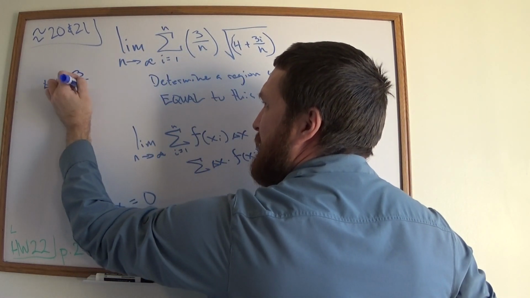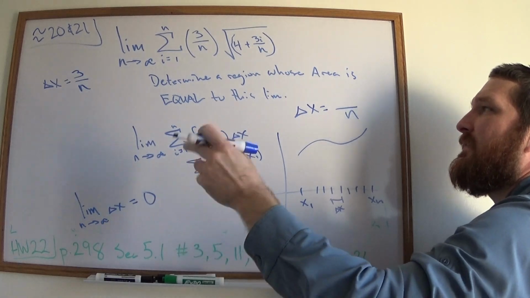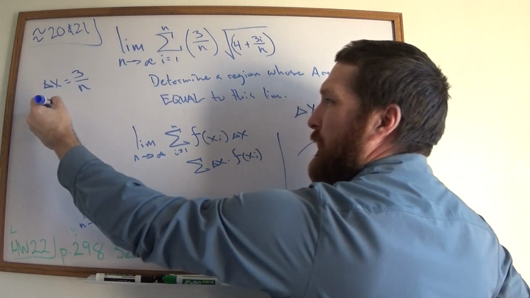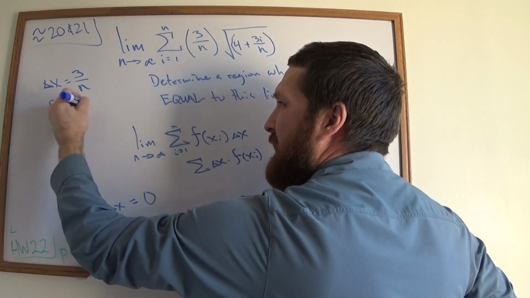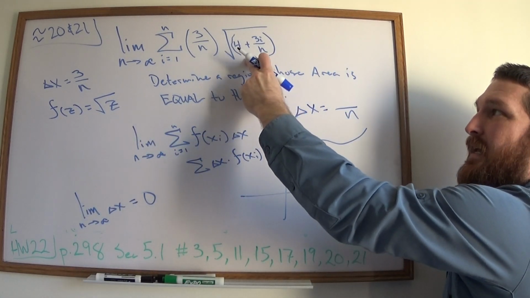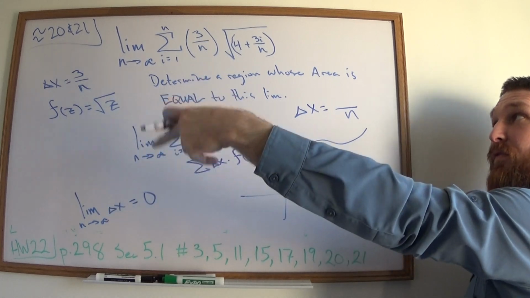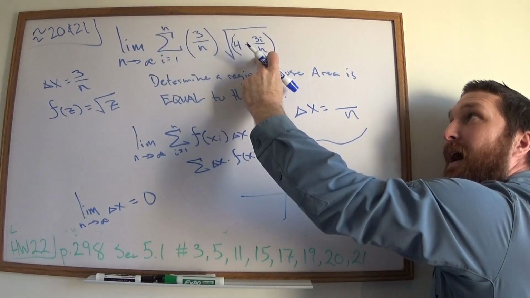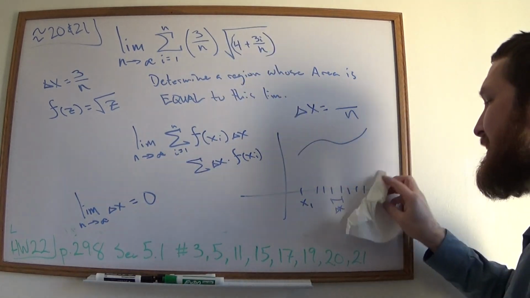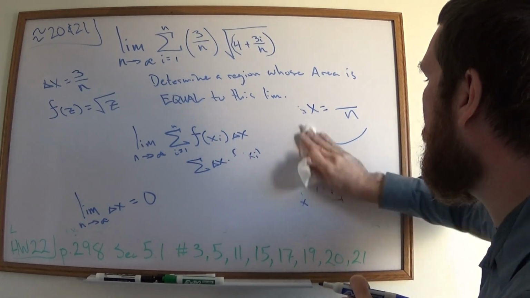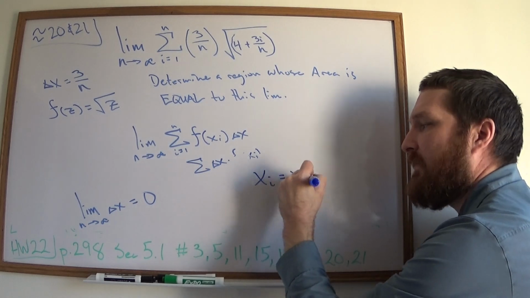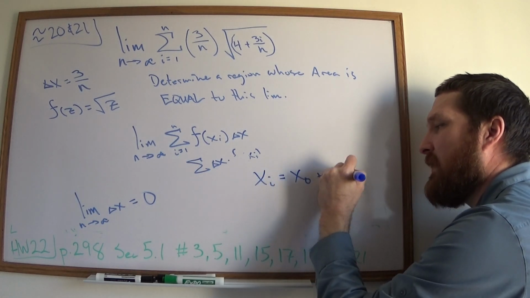Okay, if the delta x is 3 over n, then f of xi would have to be, like you said, well, it looks like the f is a square root. So like f of z would be the square root of z. And so then my xi's, and look at that, that's something that steps over by delta x every time i increases. Right? It's the same kind of thing. xi is in the form of wherever you're starting plus i times whatever delta x is.